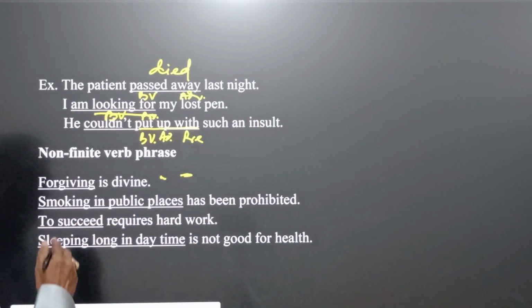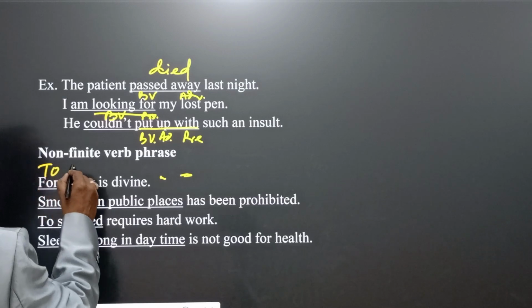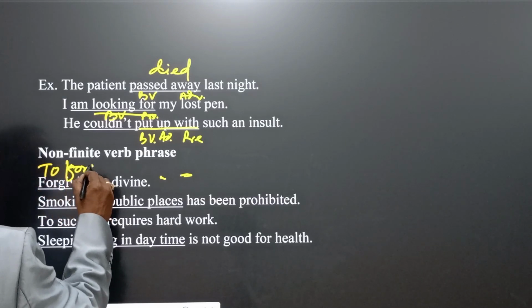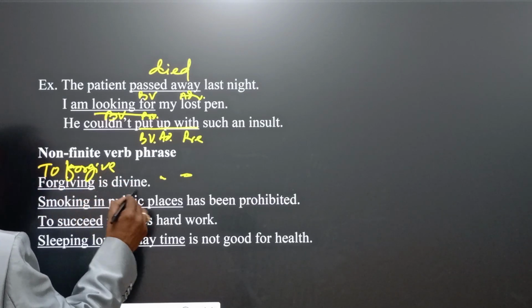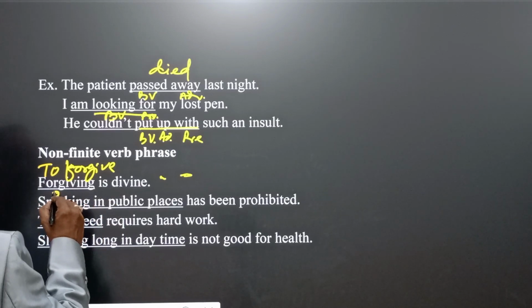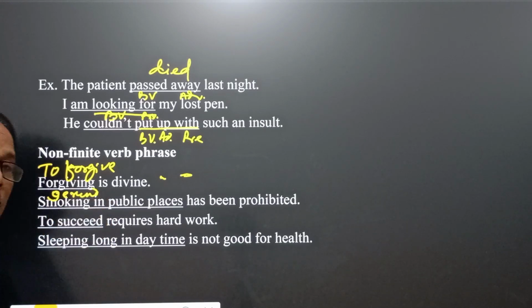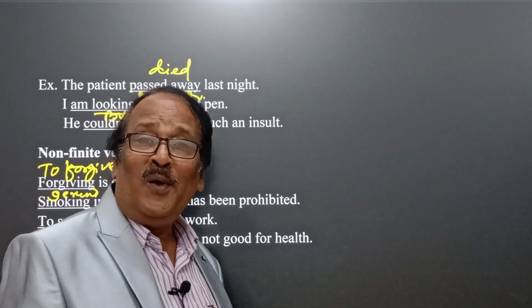And here we find forgiving is divine. It means to forgive. To forgive is divine. This is what? Gerund, or what we say, verbal noun.